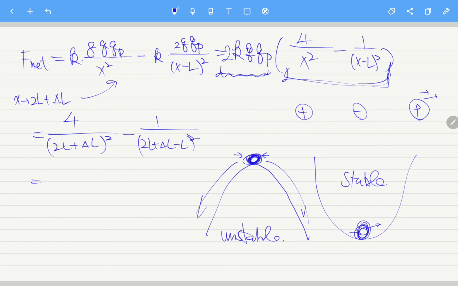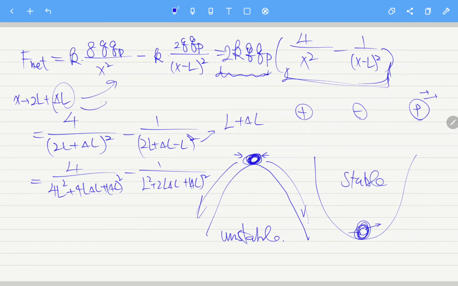So we have 4 over 4L squared plus 4L delta L plus delta L squared, minus 1 over L squared plus 2L delta L plus delta L squared.